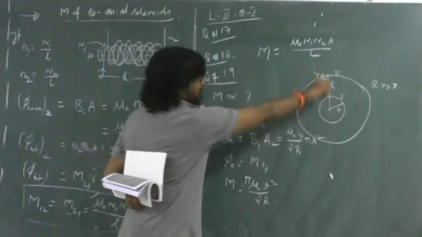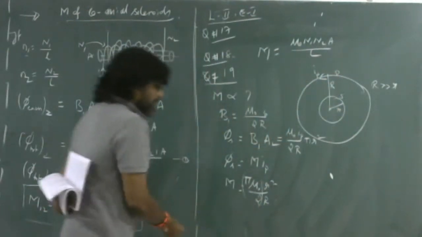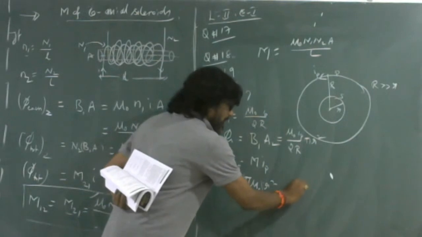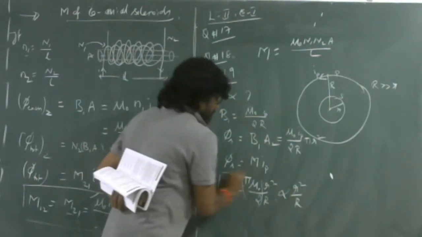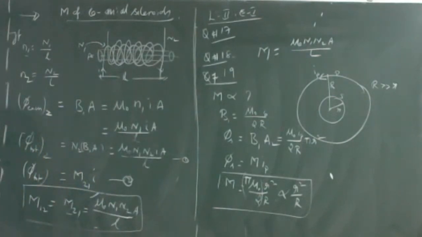The mutual inductance depends on the radius of this and the radius of this. Keeping all constants aside, it is proportional to r square by capital R. So this is the relation suitable for the given question: M is proportional to r square by R.